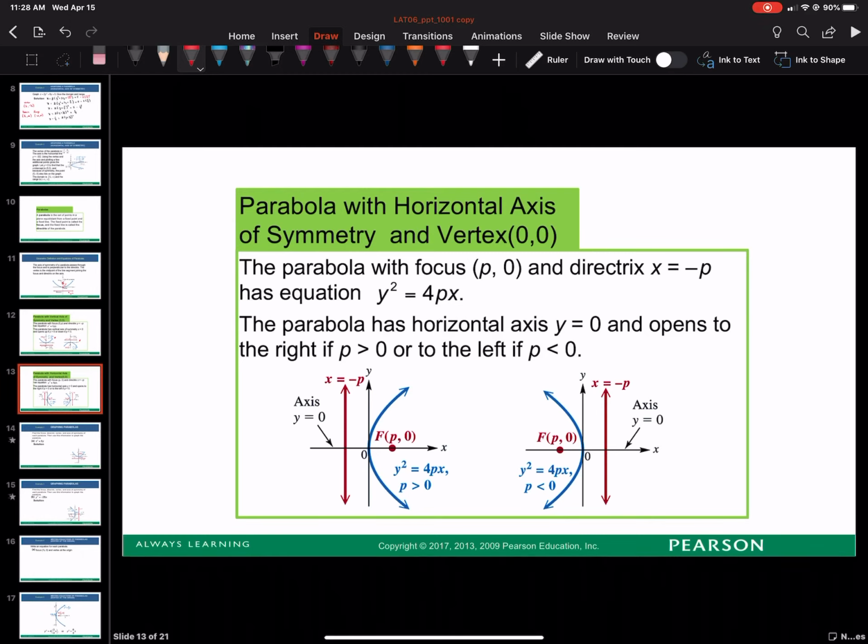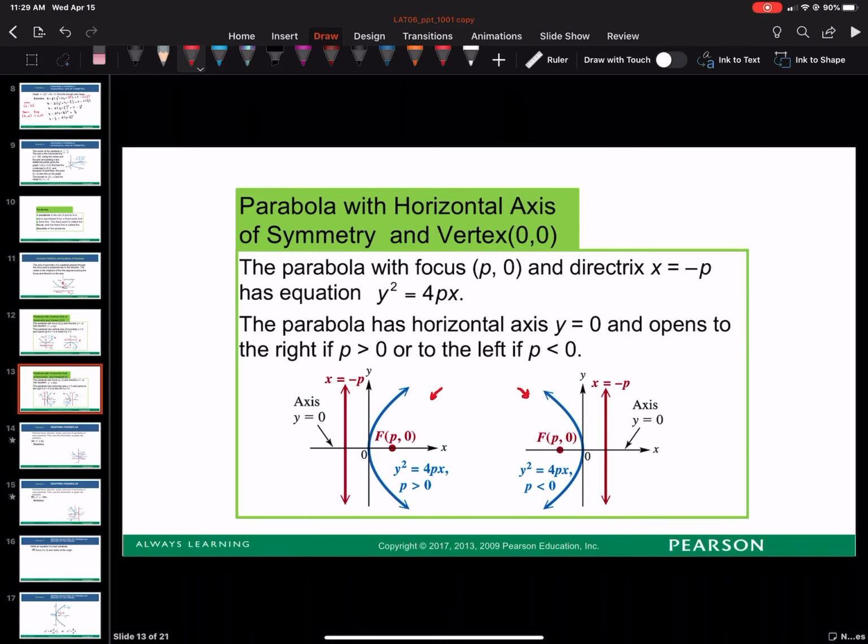The parabola has a horizontal axis of y equals 0. It opens right if p is greater than 0, and opens left if p is less than 0, as you see illustrated here. All right, so let's actually use these.